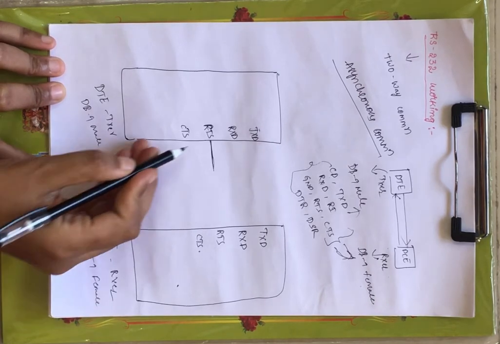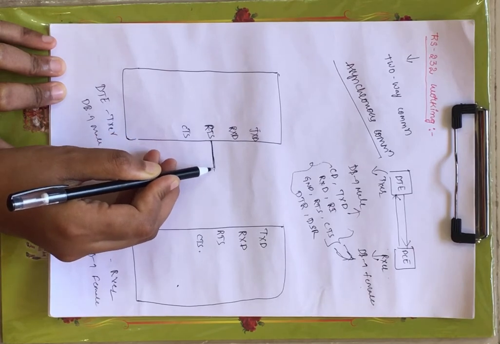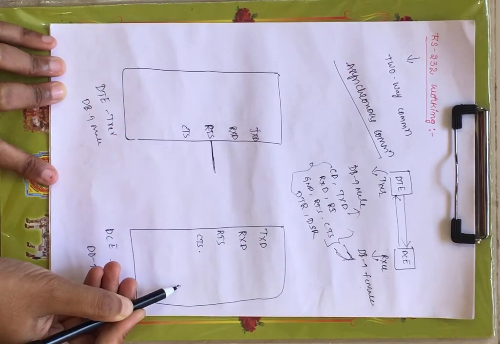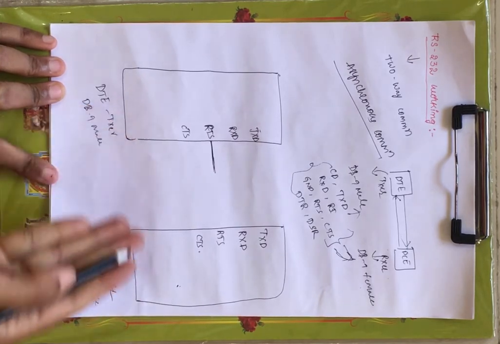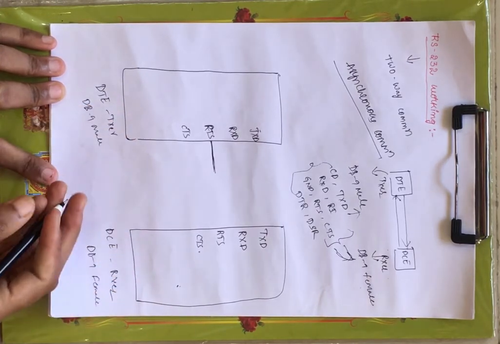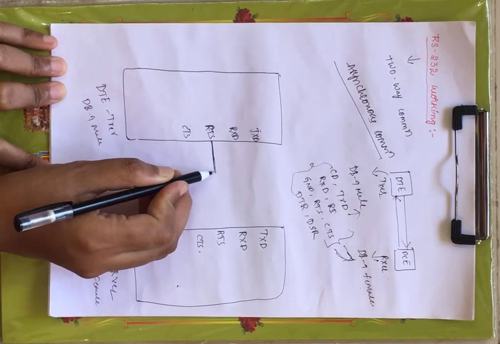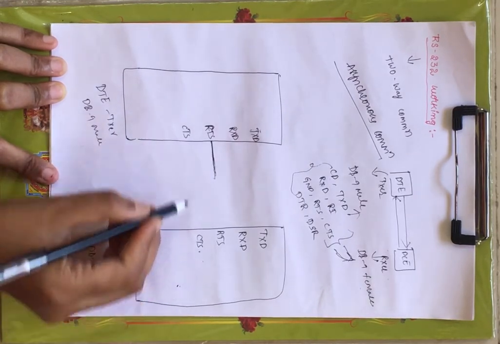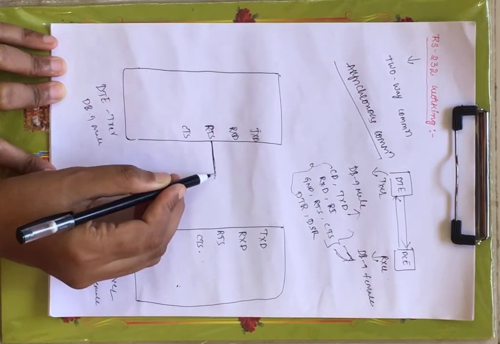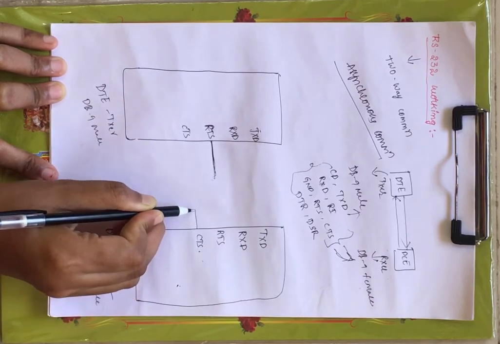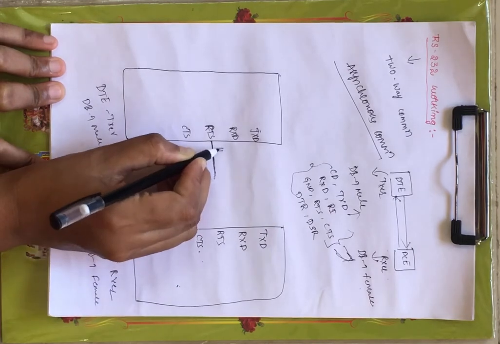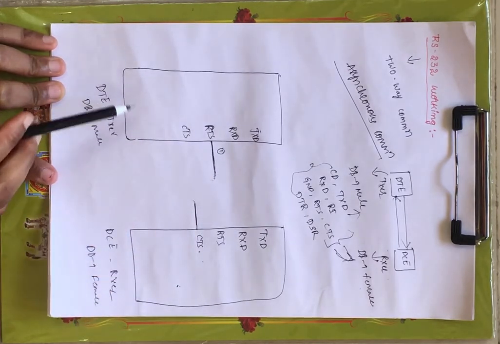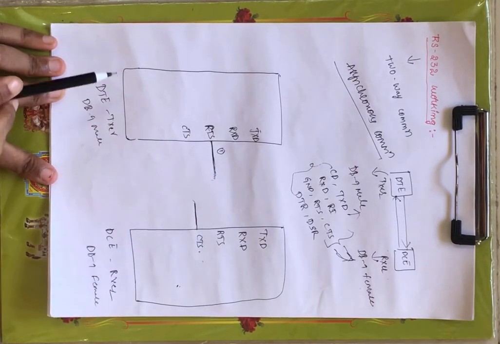Once this signal is generated towards DCE, now what happens? Next, a clear to send signal is generated. This is the first step: initially DTE is requesting the DCE to send the data, right?